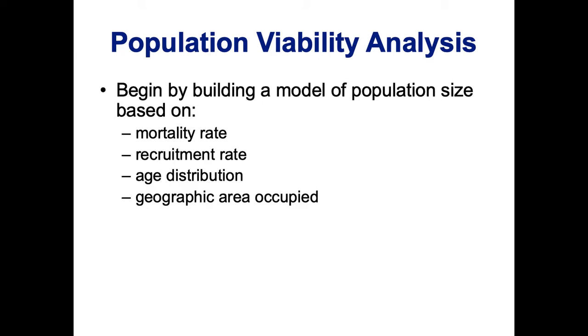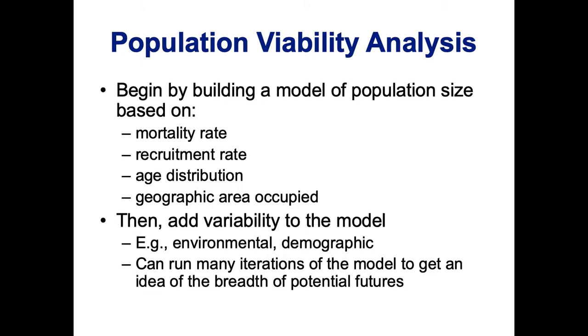You're going to need that estimate. And if you remember, that's the rate at which individuals are moving up to be in the reproductive age group. Age distribution, so how many individuals are there at different ages, or the ratio of those different age classes. And then you'll want to know the geographic area that's occupied by this population.